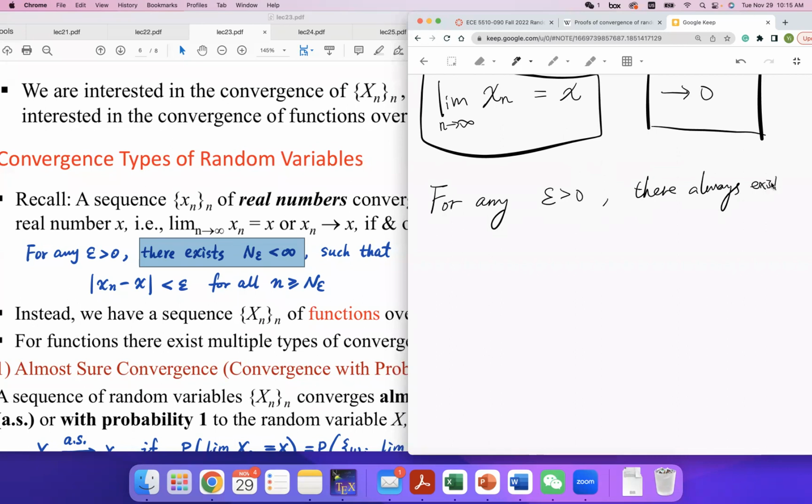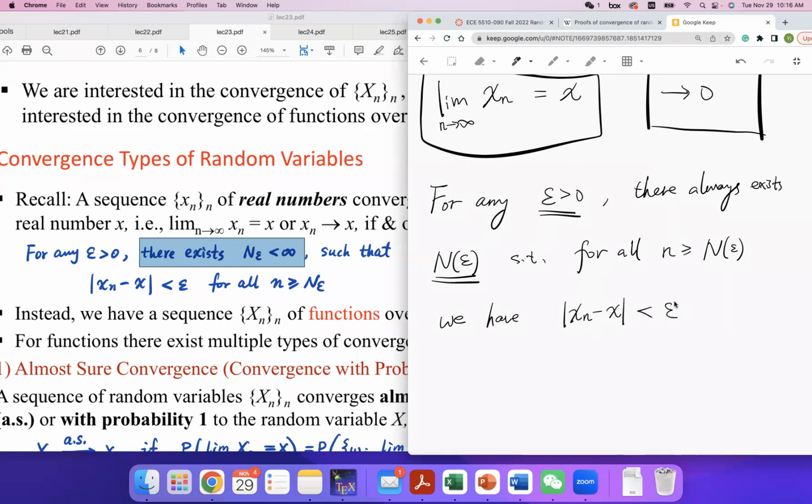There always exists a threshold, capital N epsilon, depending on this epsilon, such that for all n bigger than this threshold, the deviation between xn and x is smaller than this epsilon.